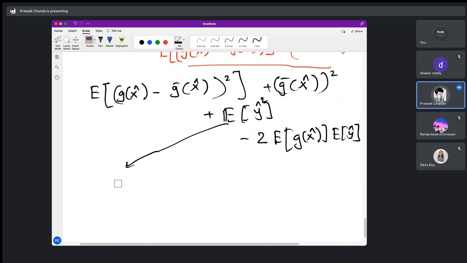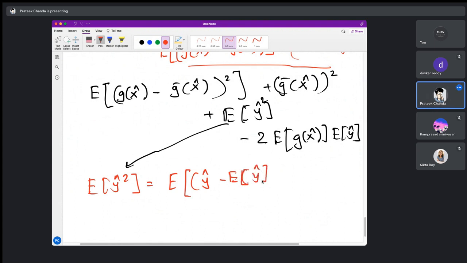So if I pick this, y hat whole square would be again the same thing. I'm using the same use case as above: y hat minus expectation of y hat whole square plus expectation of y hat whole square.